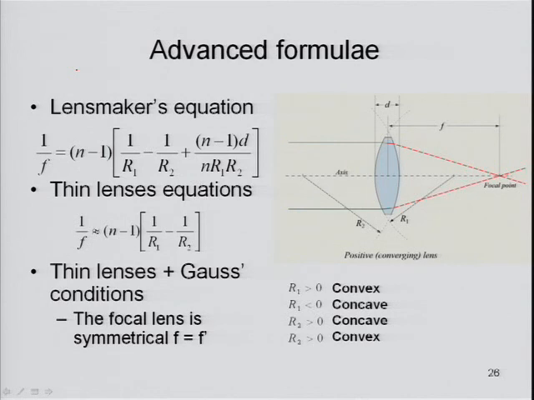And if we consider thin lenses, we can get rid of the thickness of the lens. Under the Gauss assumption again, it's even simpler because the lens is symmetrical. It's getting a little more complicated because the sign of the radius of curvature depends not only on whether it's a convex or concave surface, but also on whether the surface is the first or the second diopter the light will see.